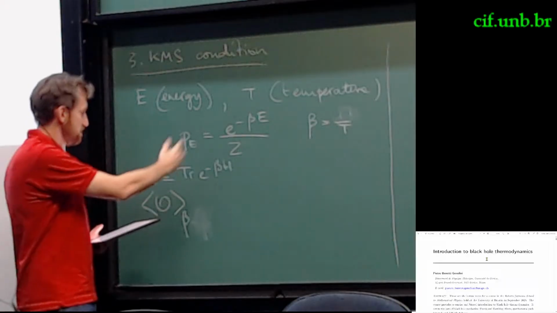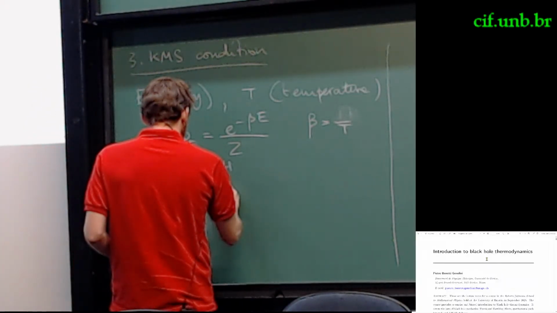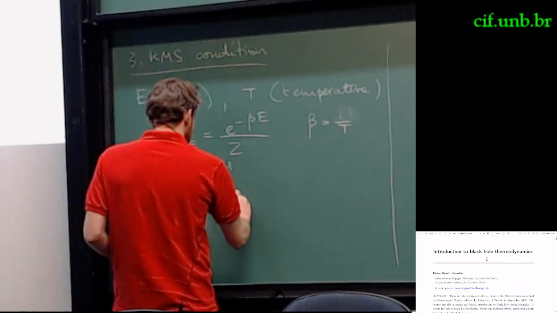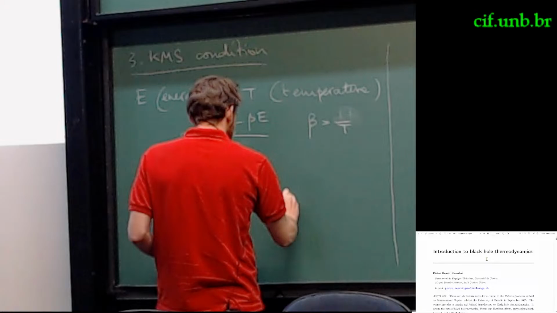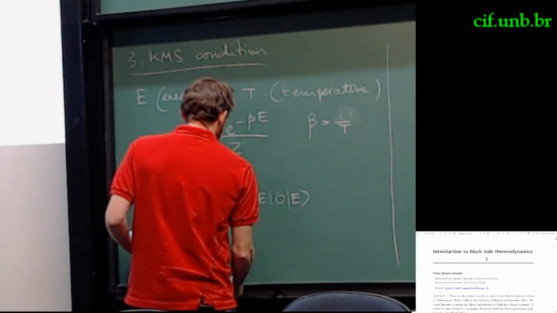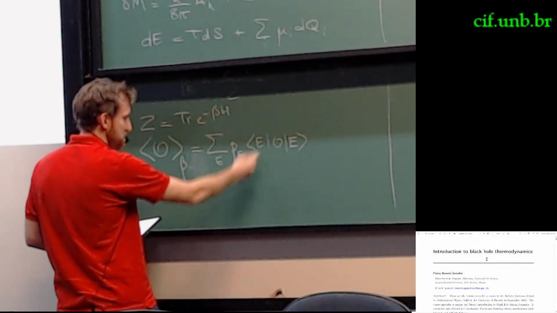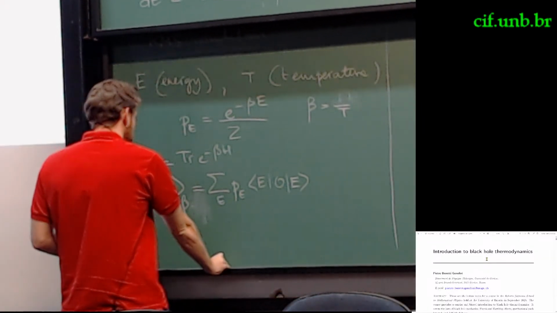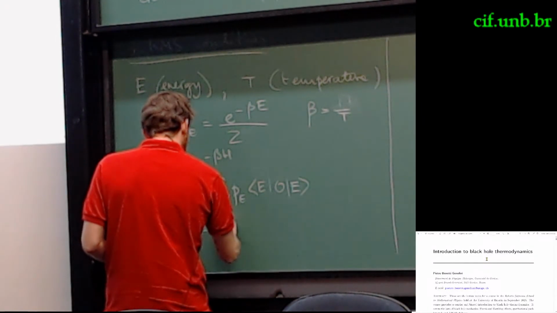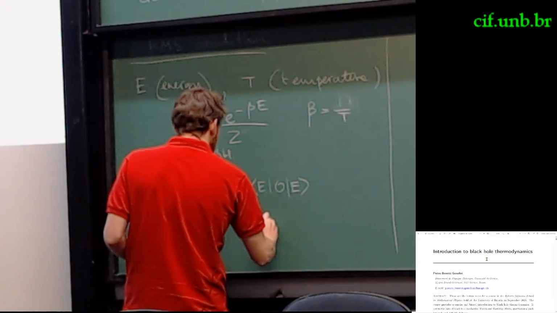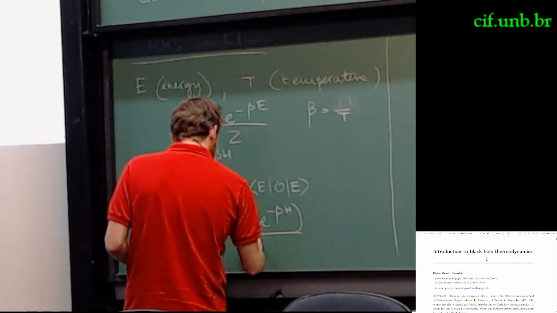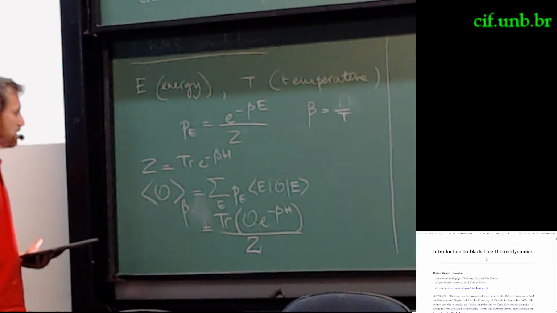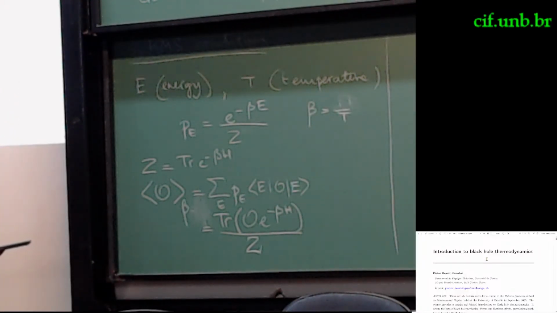So this I'm sure you've seen. It's just the weighted sum over the value of the observable measured on the state. So it's the trace of e to the minus beta H times O, divided by Z. Okay, so this is the expected value of the observable on the mixed state.